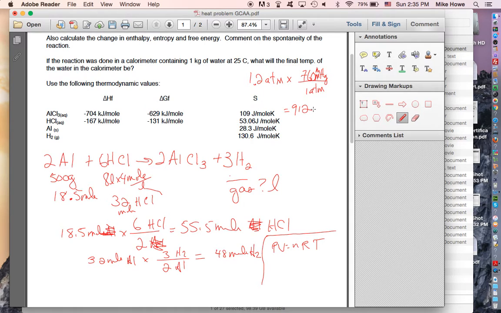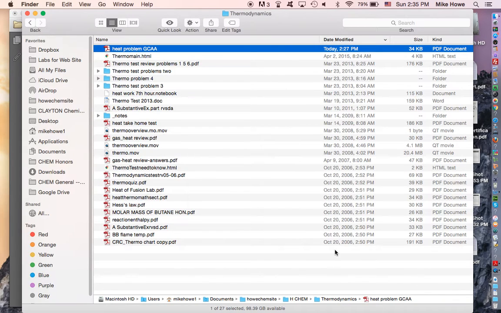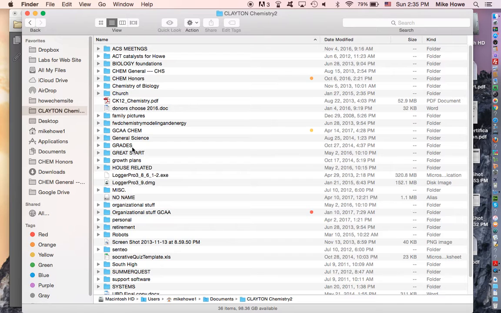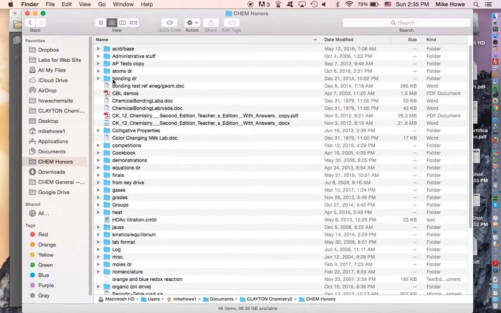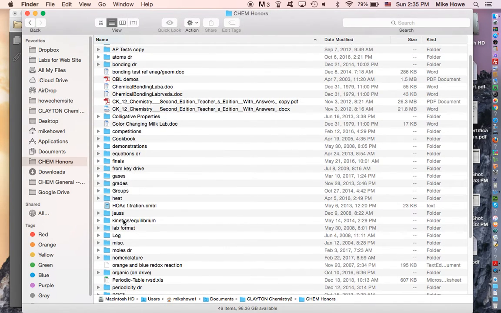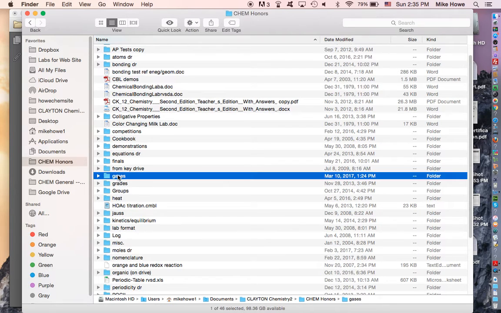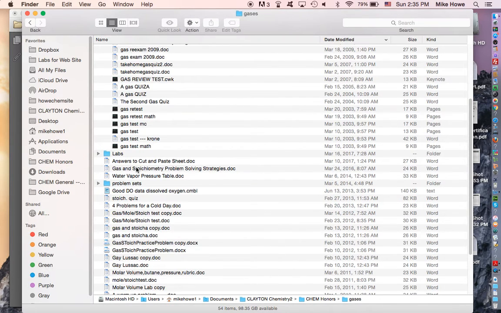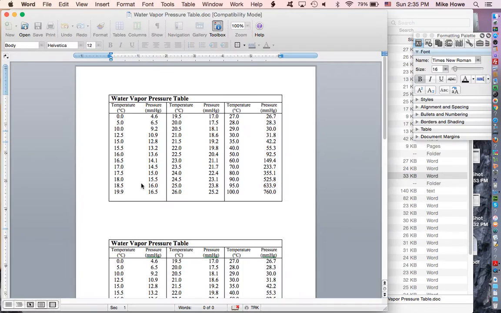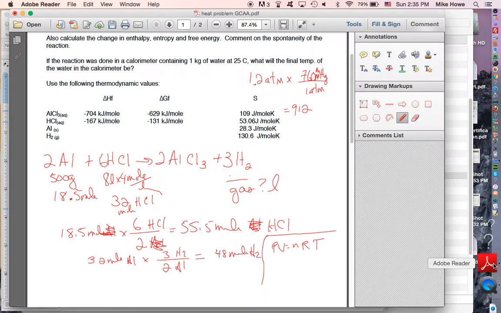All right, now I'm at a disadvantage because I don't remember what the water vapor pressure is at 25 degrees C, and I don't have that chart in front of me. Maybe I can find it real quick here. So at 25 degrees, the water vapor pressure is 23.8. All right, so we'll go back over here.